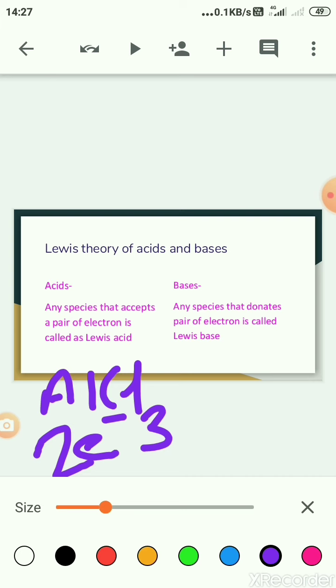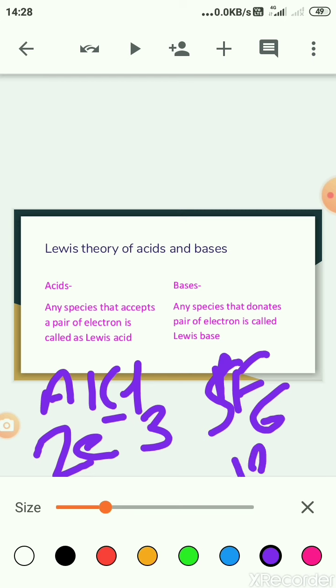In the same way, SF6, sulfur hexafluoride: sulfur 6 electrons, fluorine 6 electrons, that means it contains 12 electrons in its outermost shell. Therefore AlCl3 is an example of Lewis acids and SF6 is an example of Lewis bases.